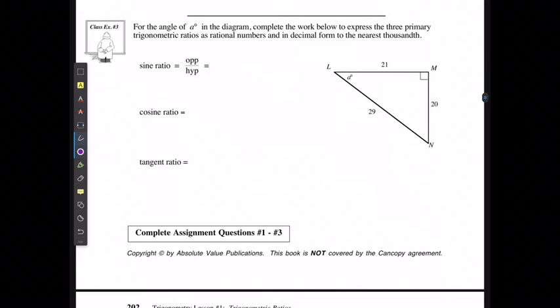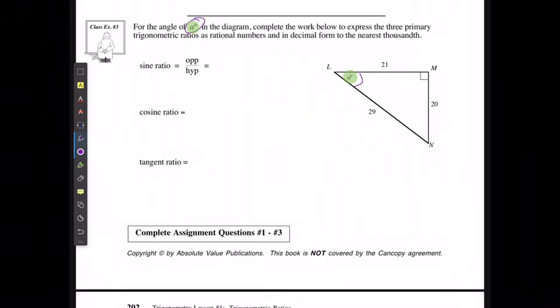For the angle of 8 degrees in this diagram here, complete the work below to express the three primary trigonometric ratios as rational numbers and in decimal form to the nearest thousandth, or to the nearest 3 decimal points. Well, I'm going to state that for my sine ratio, I need to make sure that I know which side is going to be which.